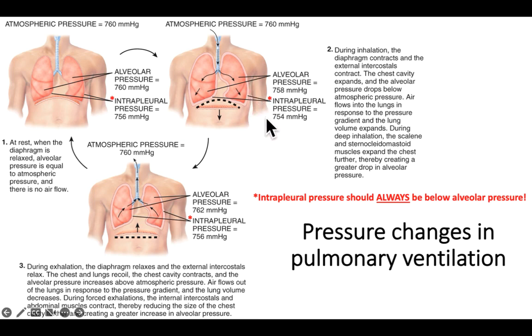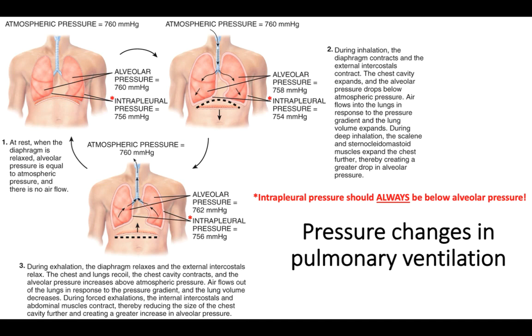Well, air will want to go into that cavity, all right, because the air in the atmosphere, notice it's 760, the pressure in the intrapleural space is 756 or 754. Air is going to want to go in there if you let it. And if you let air in that little space, it's going to raise this pressure to 760. And that would then cause it to be above the pressure in the lung, and that lung would collapse.